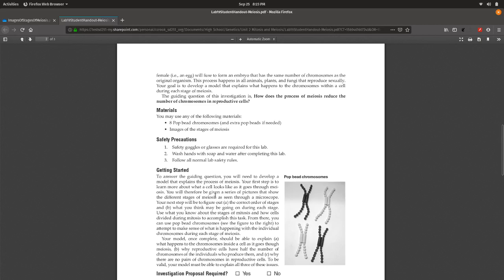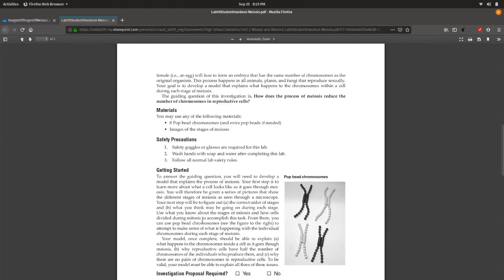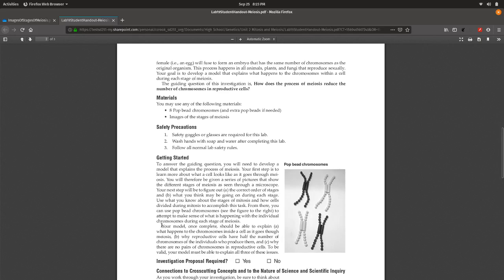You could also just lay it out and show meiosis that way, because then you're going to use these beads to model what is happening in these pictures. Now, your model, once complete, should be able to explain three things. First one, what happens to the chromosomes inside a cell as it goes through meiosis.